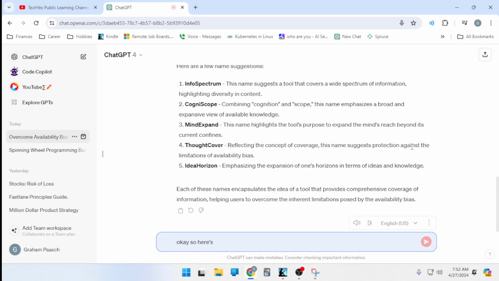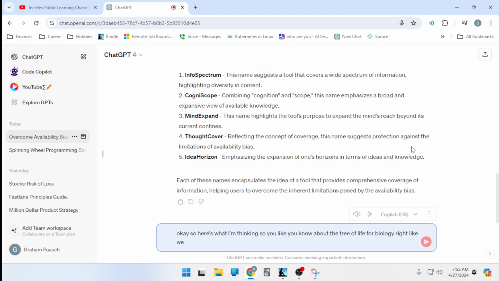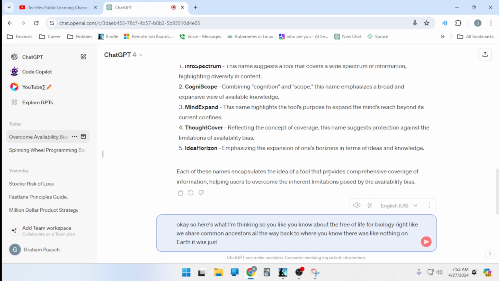Okay, so here's what I'm thinking. You know about the tree of life for biology, right? We share common ancestors all the way back to where there was nothing on Earth. It was just a rocky, uninhabitable place like Mars or the moon.